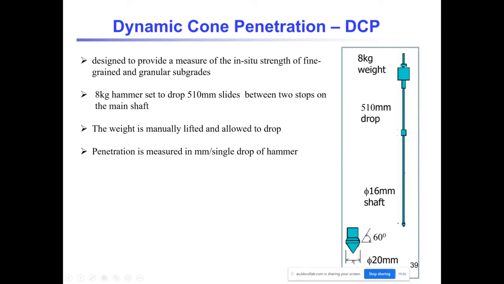And there is one 8 kilogram hammer. So you can simply lift this one and drop it from one specific distance. And the distance between these two stops is 51 centimeter. And during the test, you measure the penetration.